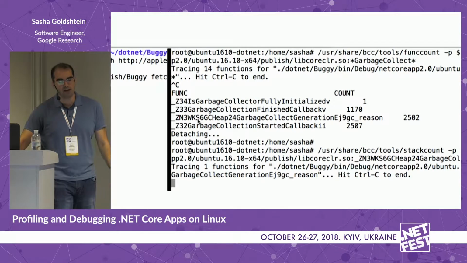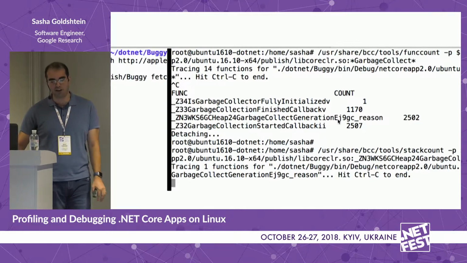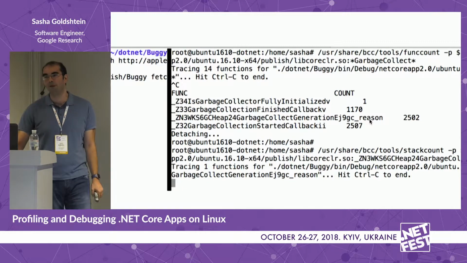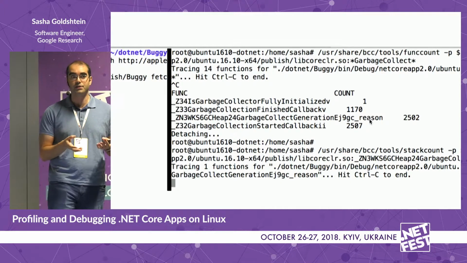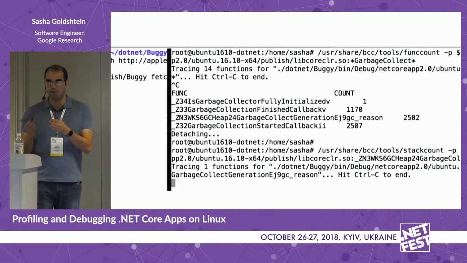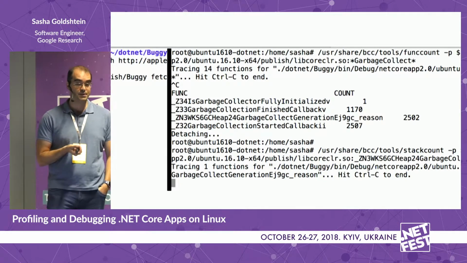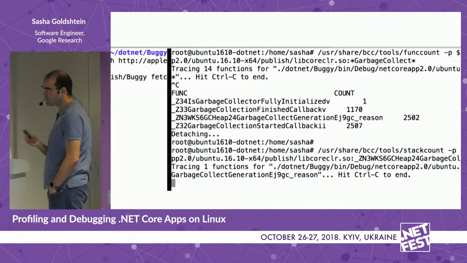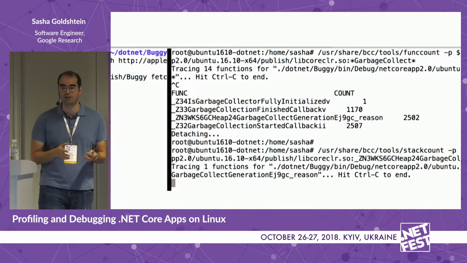Come back, mouse. zn3 wks6 gc heap 24 garbage collects generation ej9 gc reason. This is the main function called by the GC when it starts garbage collection. And you can see that function was called 2,502 times, right?